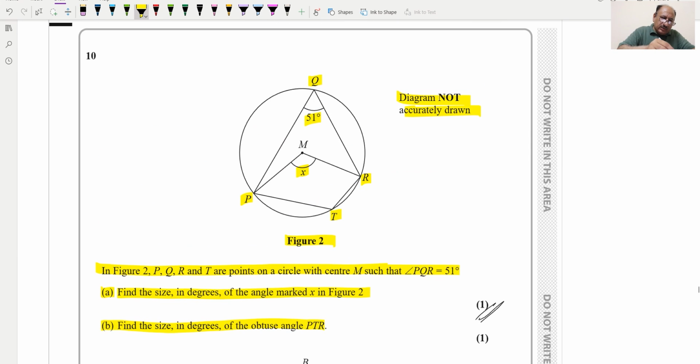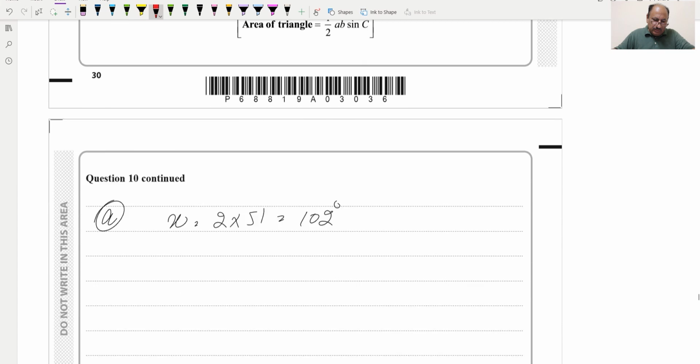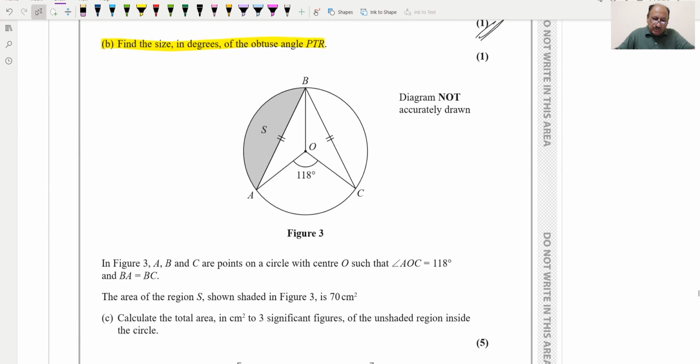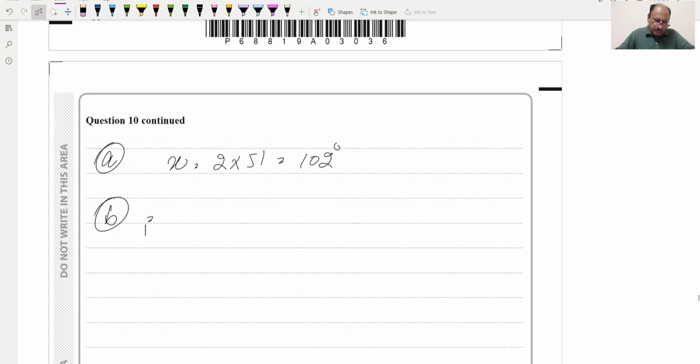PTR is which angle? We can figure out this is obtuse angle PTR. If we take PQRT as a cyclic quadrilateral, then these two opposite angles add up to 180 degrees. So we can write B will be equal to this angle. What angle are they asking? The angle is angle PTR.